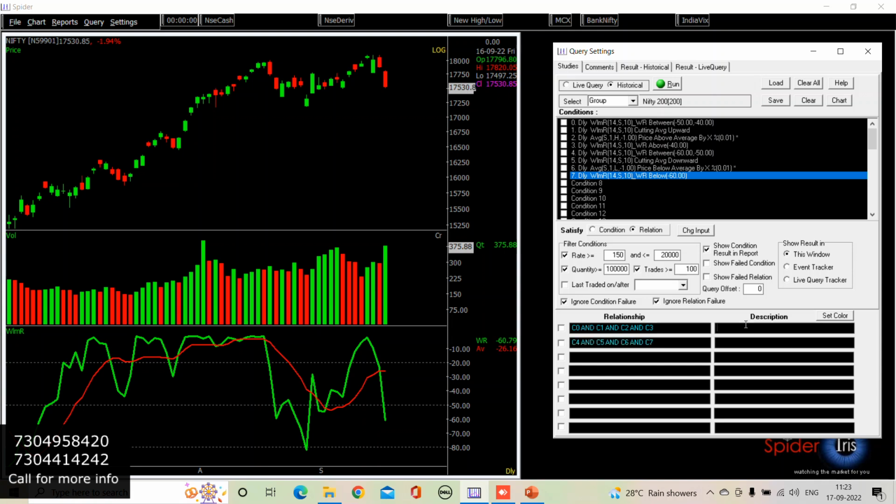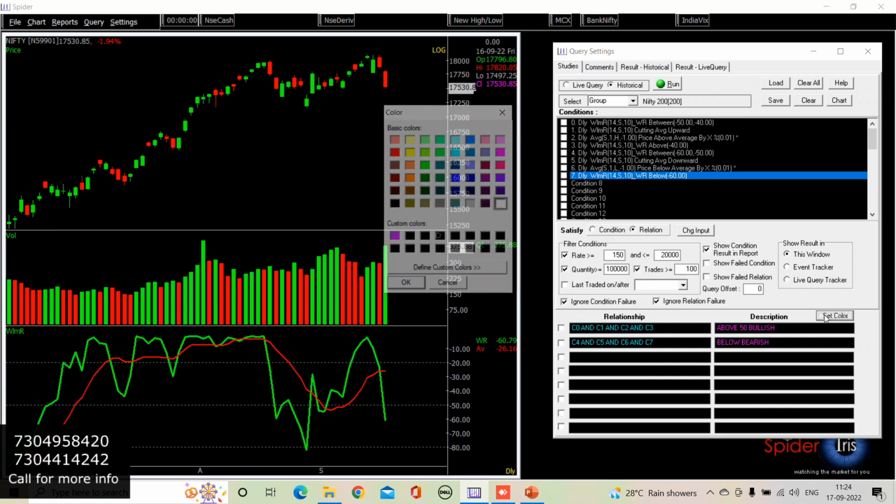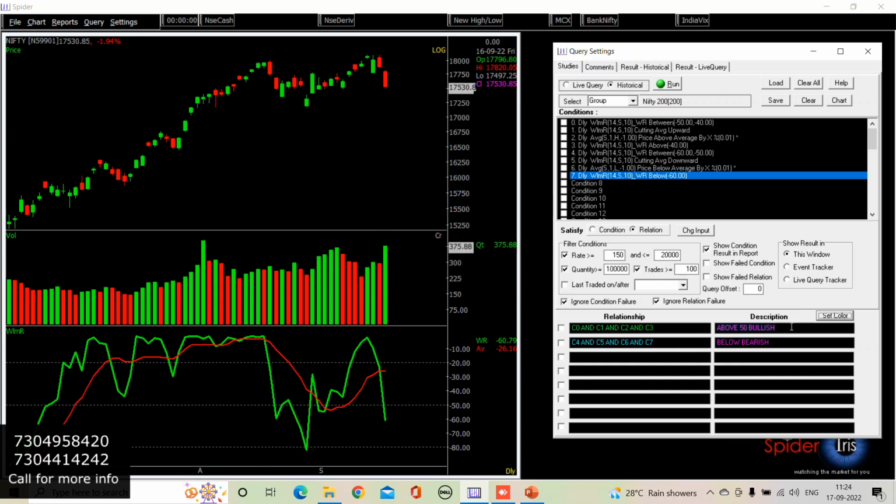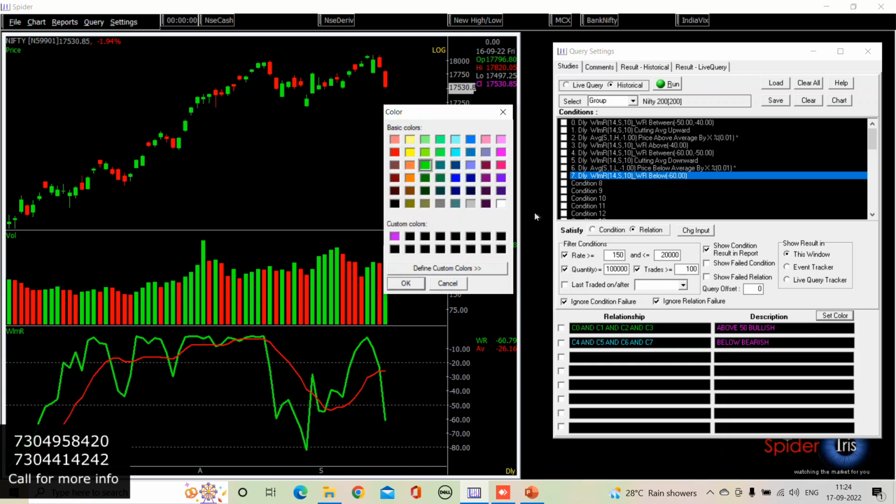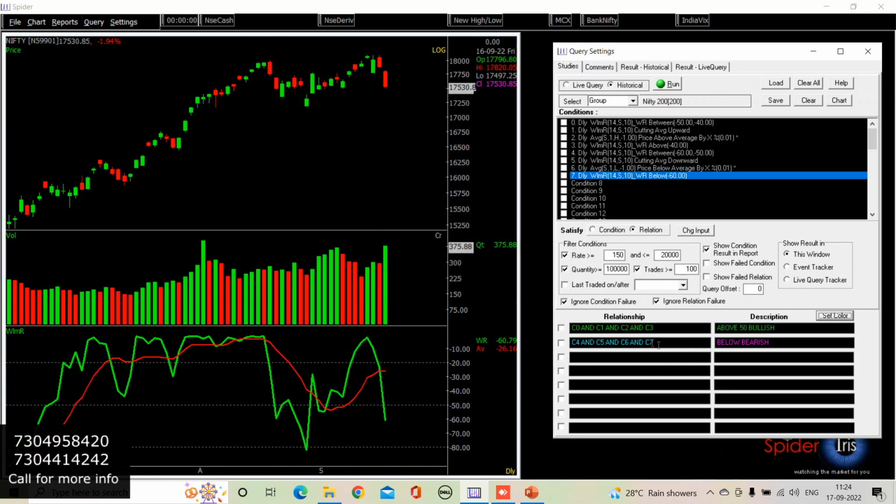Description will be above 50 bullish, below 50 bearish. You can change its color to identify it more precisely. For bullish we will take it as green and for bearish we will take it as red.